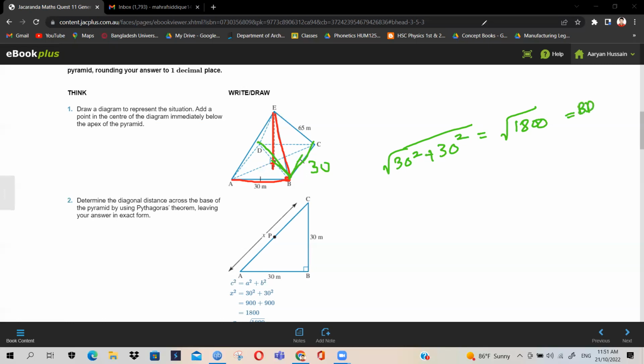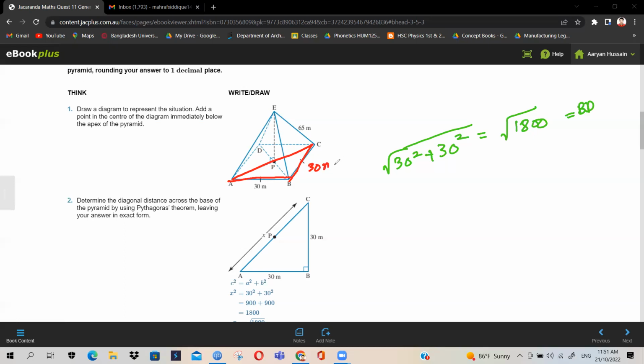Are you understanding, or is it getting difficult? Let me erase some features. What I'm saying is, this is 30, this is 30. Now I am considering this triangle. It might seem at first that it is not a right angle triangle, but it is, in three-dimensional space.